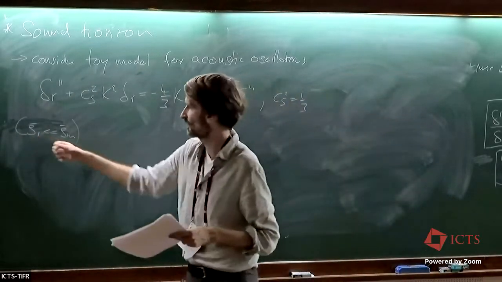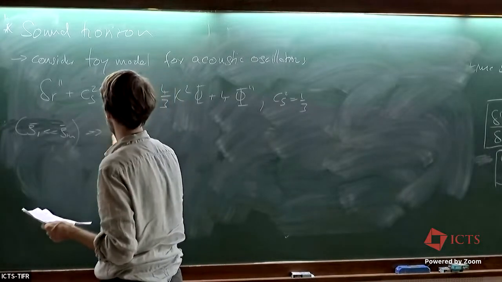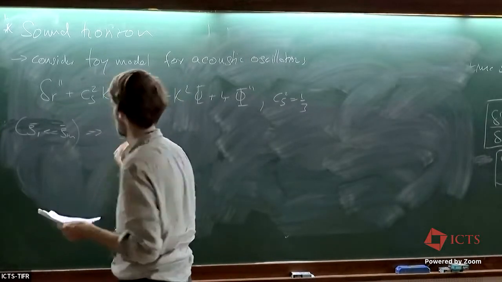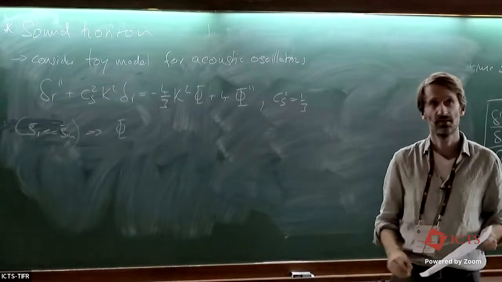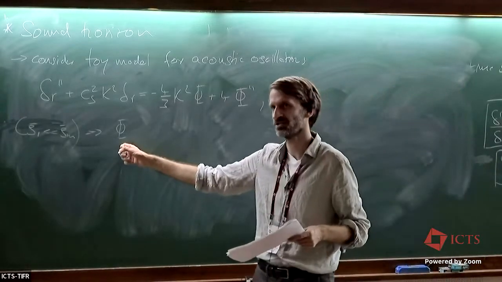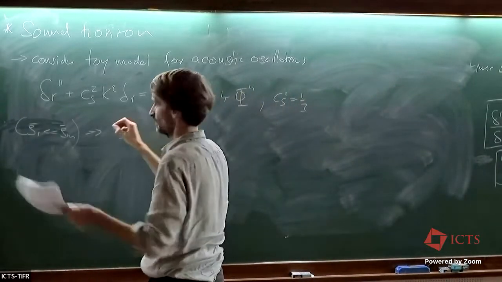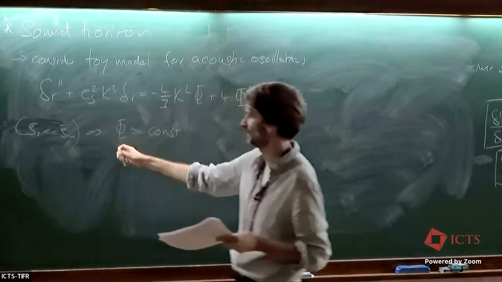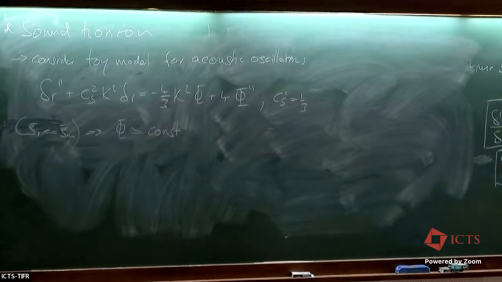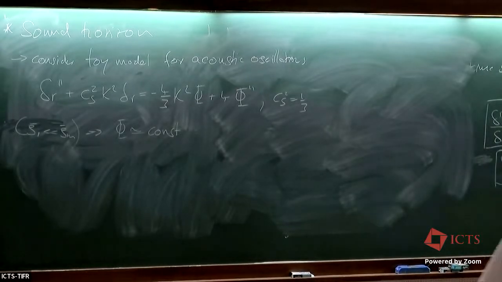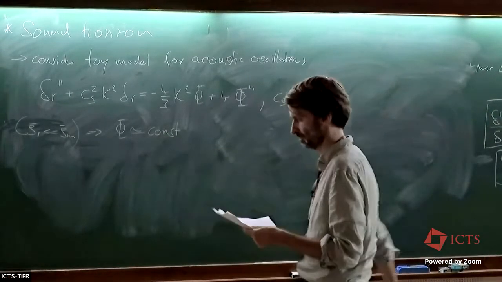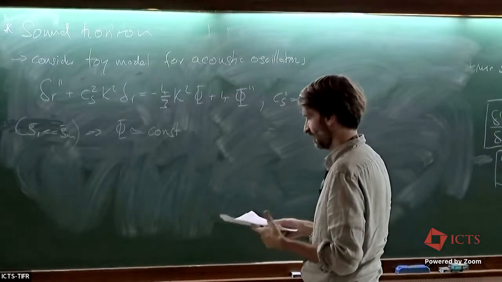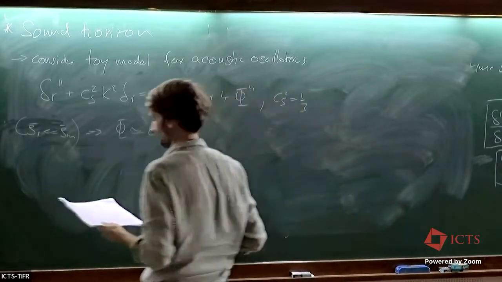So this is small, and then we have learned that in this case the gravitational potential is constant. You remember I showed you, when we looked at the closed form equation for the gravitational potential, that during matter domination it admits this constant solution. And then we can solve this equation.